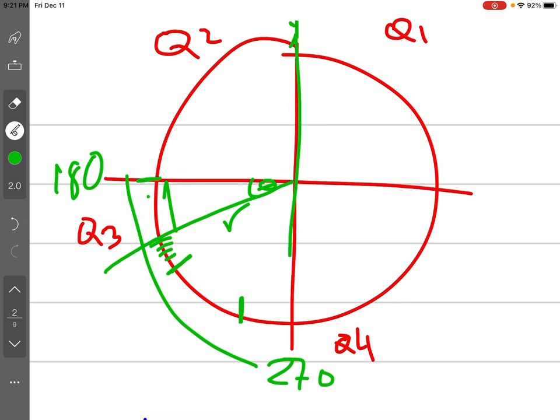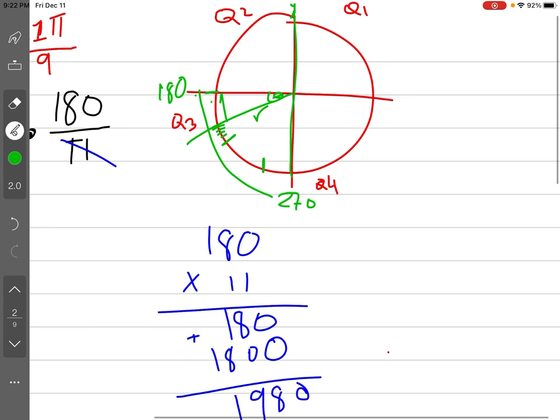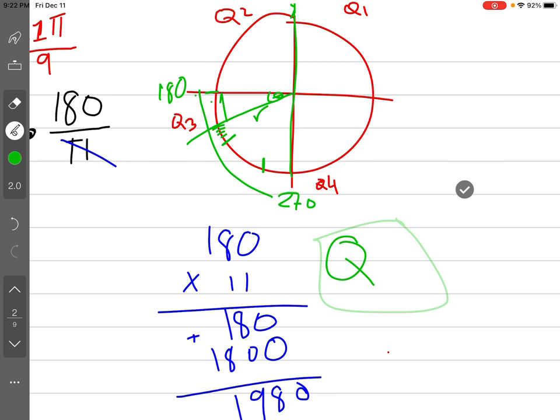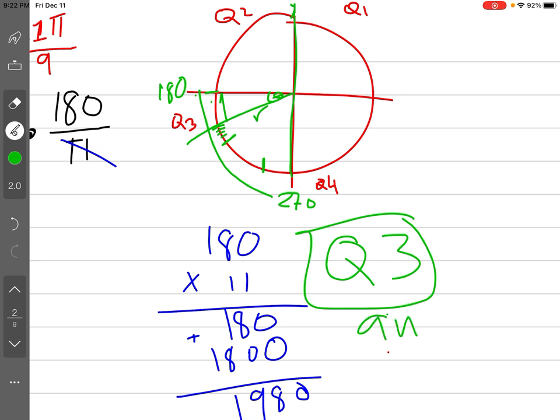You see this line doesn't pass the third quadrant, so we know that our answer must be quadrant 3. That is your answer. Quadrant 3.